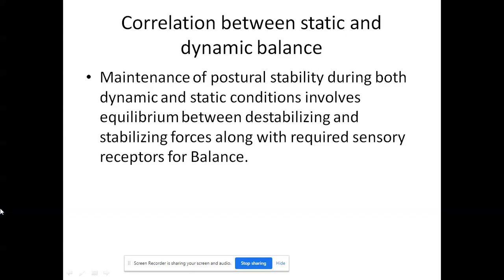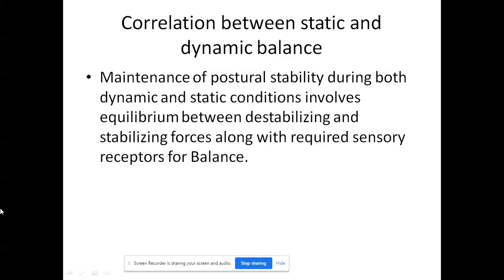When we are talking about static balance, the joint position is maintained in a single position. Thus, the muscles are co-contracting in order to maintain the joint in a certain position for a longer duration. This co-contraction of the muscle is known as the stabilizing force at that particular joint. When a person is moving, continuously flexing and extending his knee, one muscle undergoes eccentric contraction, whereas the antagonist muscle undergoes concentric contraction.